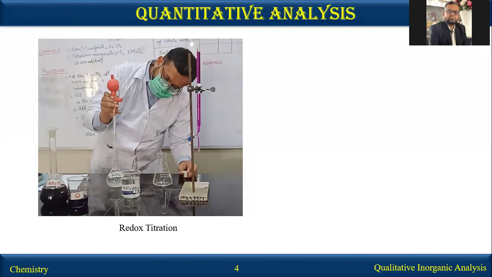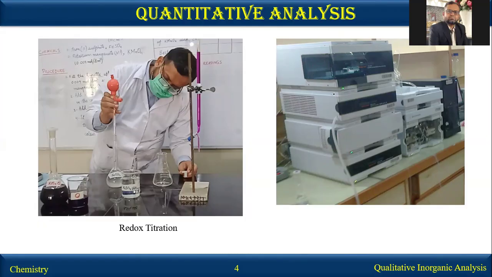For example, here this is iron sulfate FeSO4 and this is potassium permanganate. If the concentration of any one of them is unknown, then we can determine it, and you have done it well in your intermediate first year chemistry.